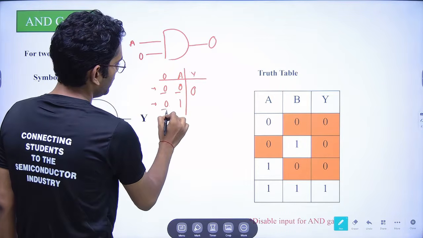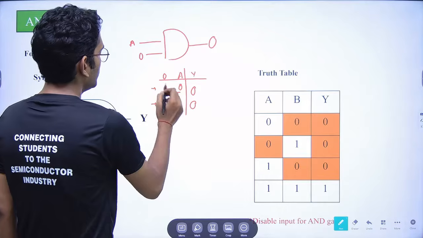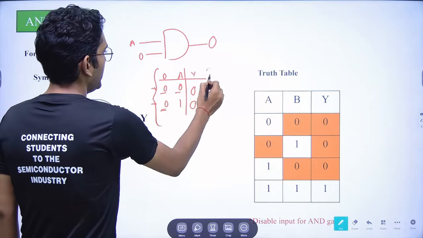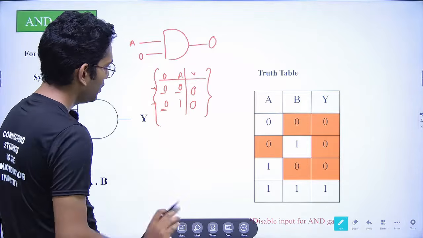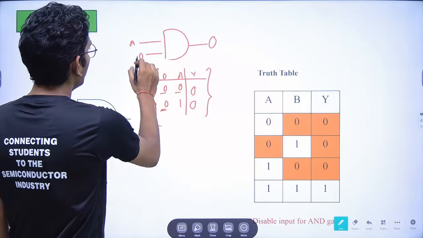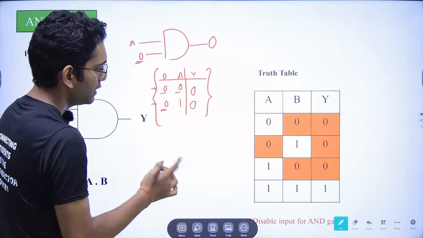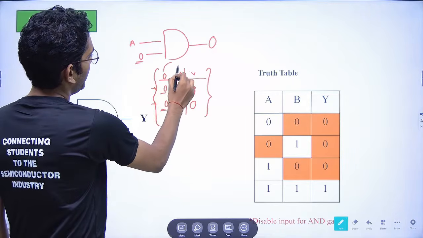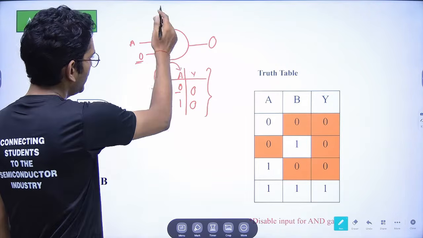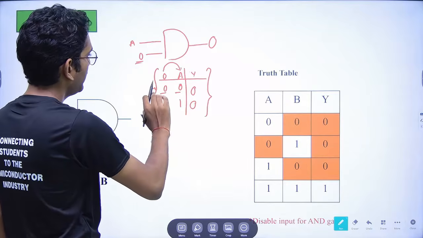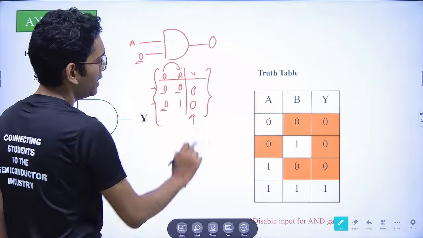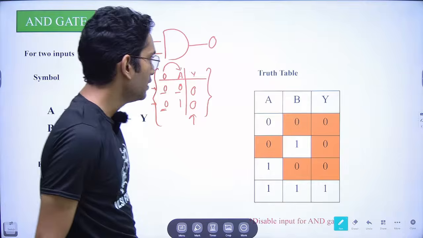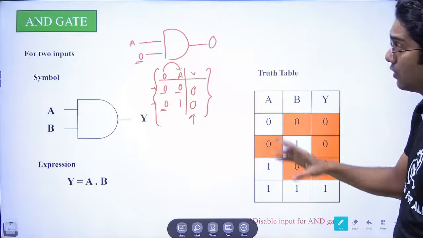Here this is 0, so the output will be 0. For the AND gate, 0 acts as a disable input. So in combination with 0, if we apply any other input, it will always give the output as 0. So this is the basic of the AND gate.